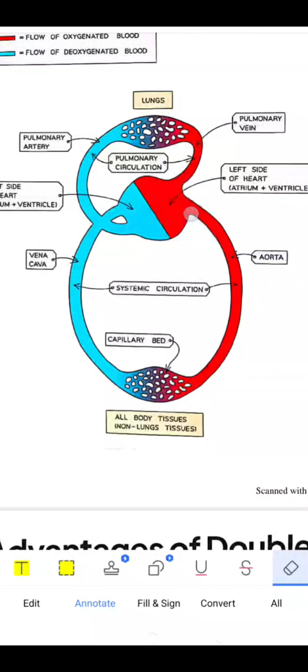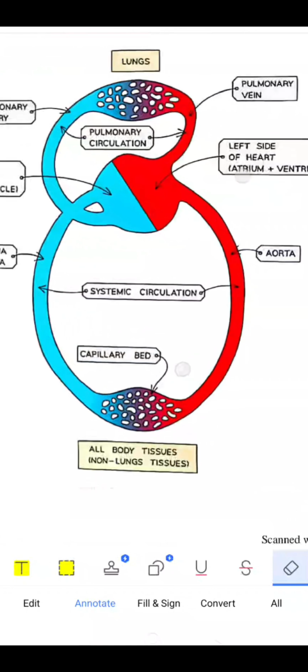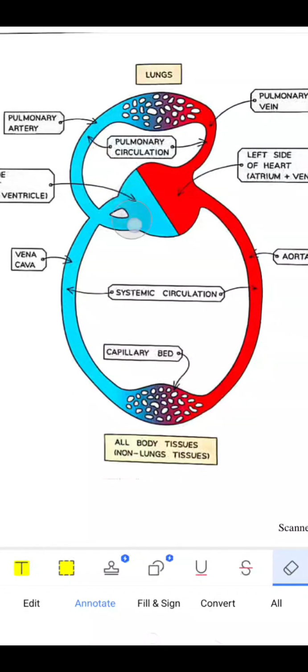Means if this is the right side of the figure, then actually it is representing the left side of the heart. And the left side of the figure is representing you the right side of the heart.